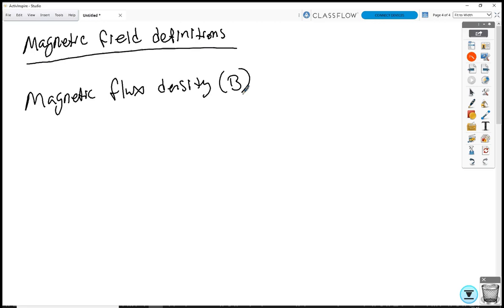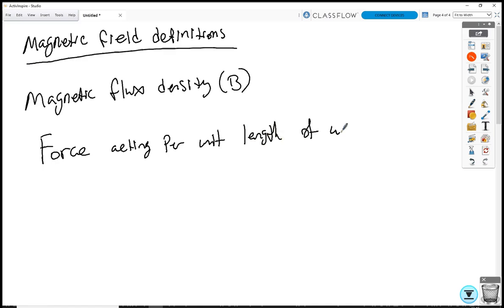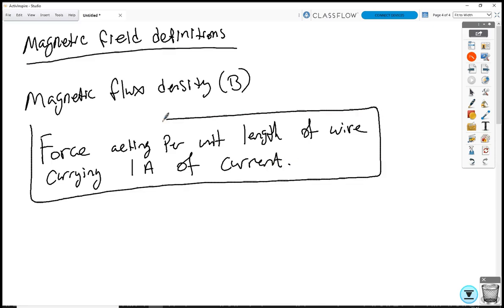This is the force acting per unit length of wire carrying 1 amp of current. Put a box around that. So the Tesla is equal to a Newton per meter per amp.